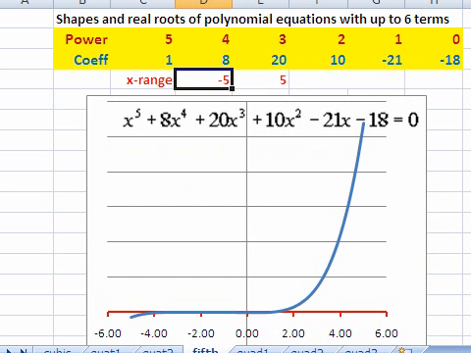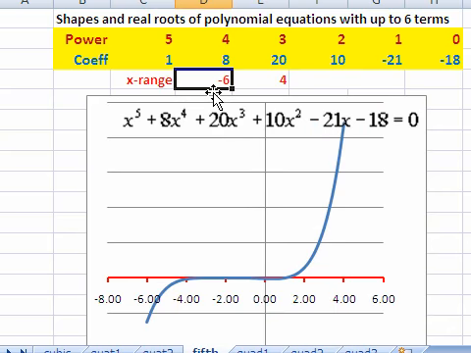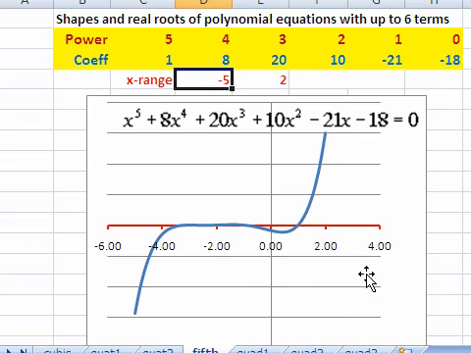Let's try -6 to 4. There. Now we see the whole typical odd power curve with some interesting stuff between -5 and 2. So let's just zoom in, -5 to 2. There. Looks like we have a root halfway between 0 and 2, at 1. Let's see if that works.